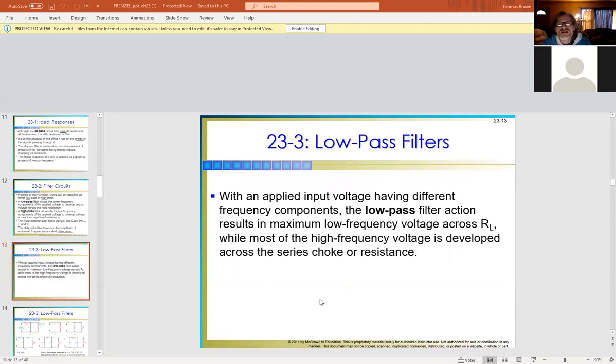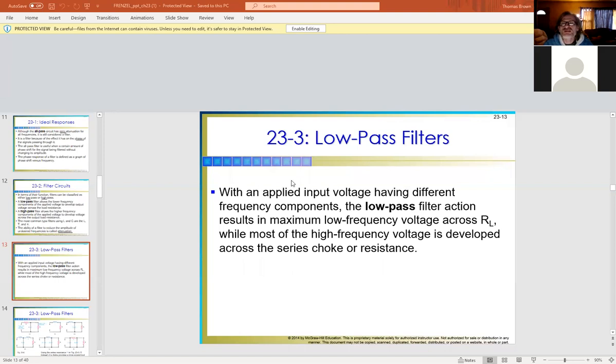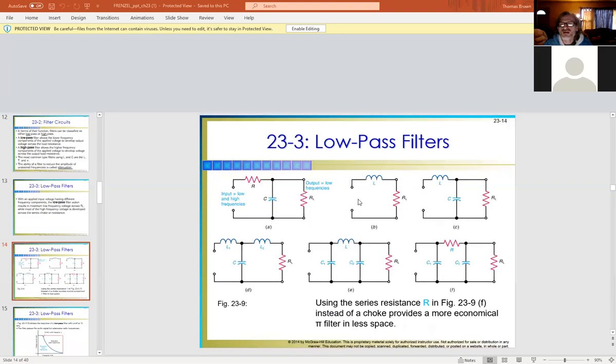So that's really what this whole chapter is about: filters, how to select them depending on what we're trying to do, and examining those. He goes through and looks at the different low pass filters, and we'll look at circuit C. These are all low pass filters, different configurations depending on what we're trying to achieve.